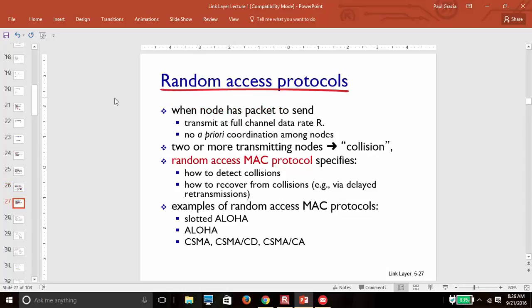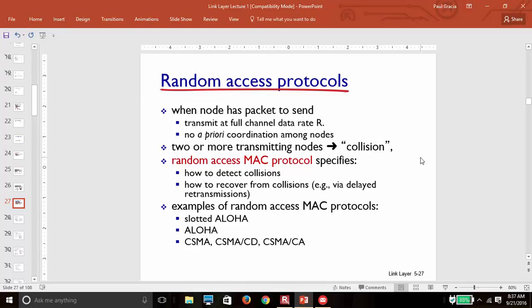Another situation, rather than separating the channel, is to have a random access protocol that assumes collisions are going to happen. We're going to try to maximize usage, but we increase our risk of collisions.